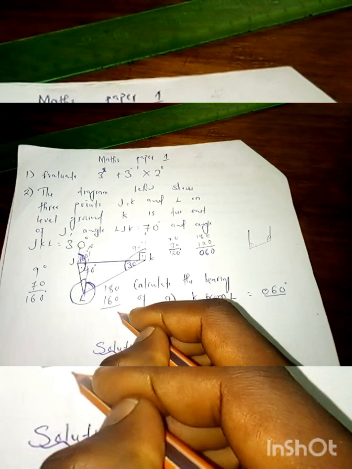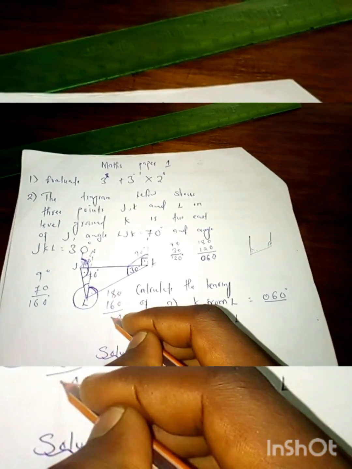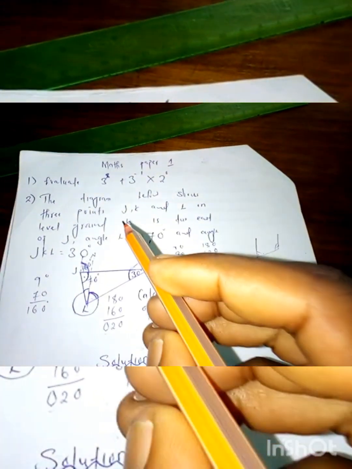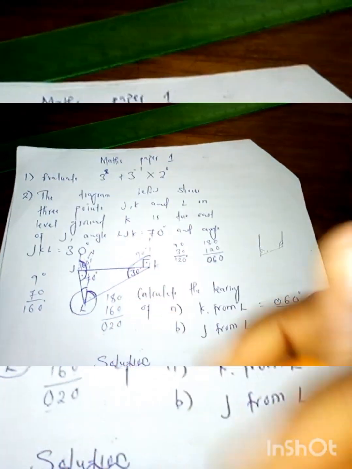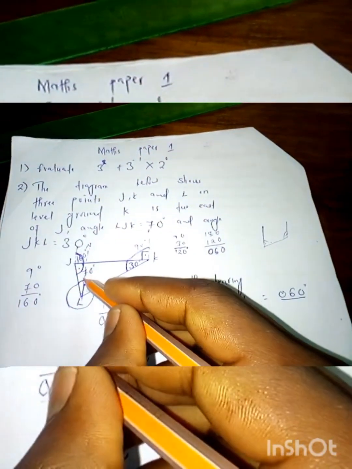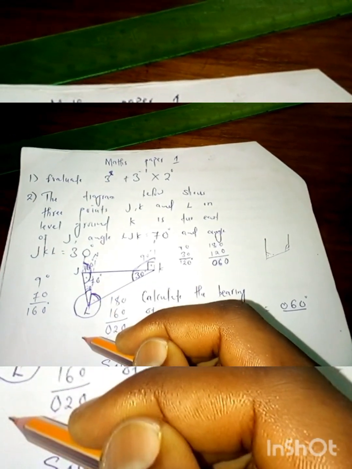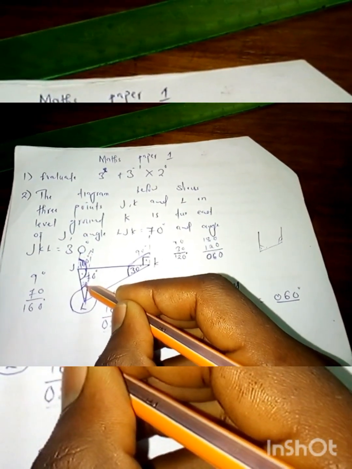Then this is 0, 2, 0. So you have seen that we have again put a 0 here for them to become three numbers. So the bearing, no, we haven't found the bearing. We have only found this angle here. Sorry for that. This angle is 20 degrees.